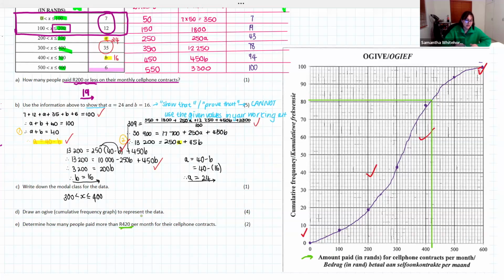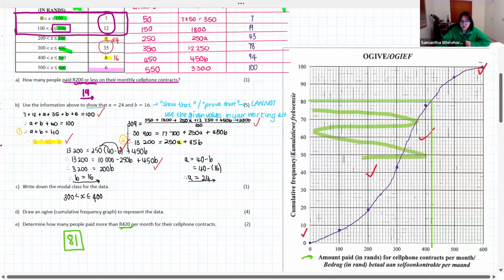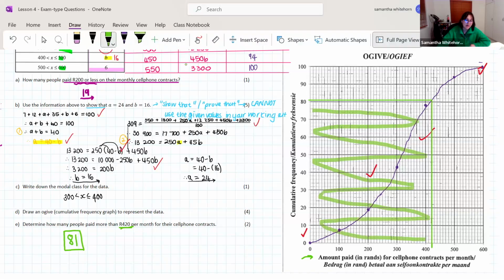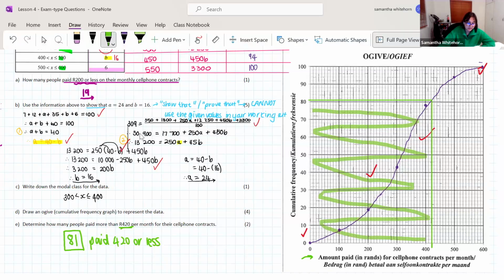What this is telling me, and we need to be very careful of what that 81 actually means, is that 81 people, and remember, this is cumulative frequency, so this is adding up the frequencies of all of these prior intervals. So this is actually saying that 81 people paid 420 Rand or less. The question asked, how many people paid more than 420 Rand?